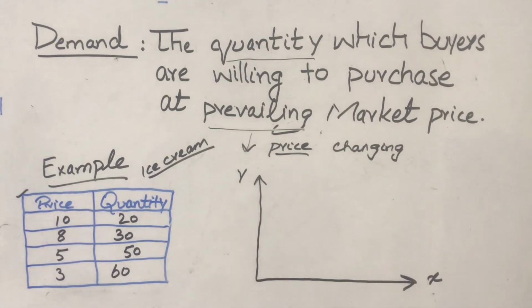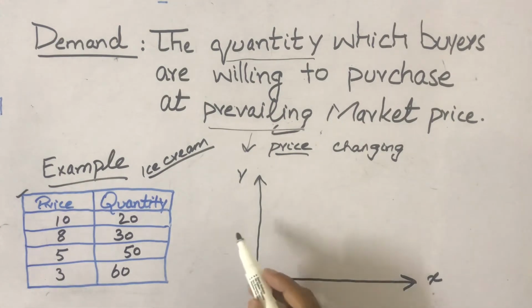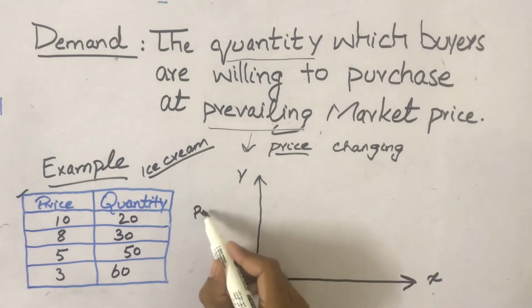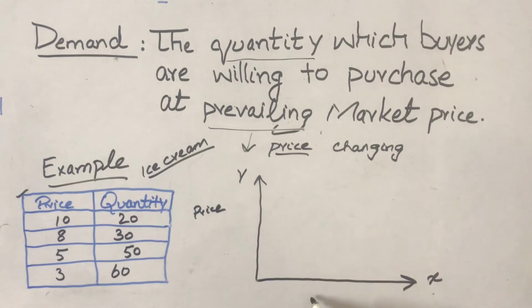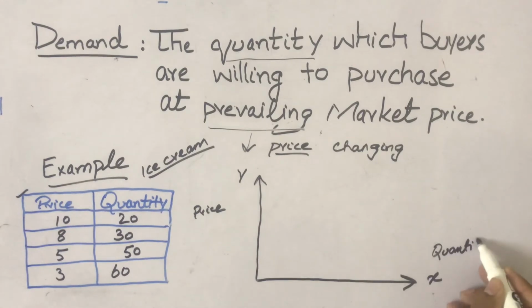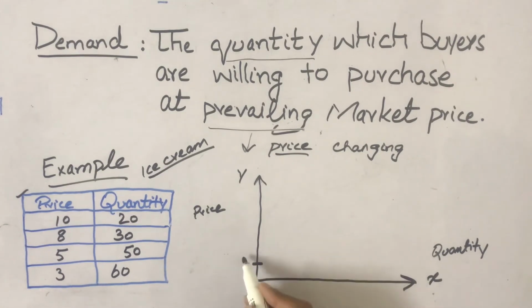So now we'll put price on the y-axis, and quantity on the x-axis. When the price is lower at 3, the demand will be 60.